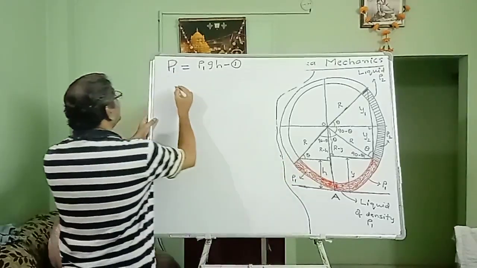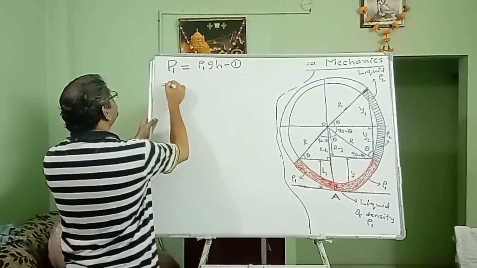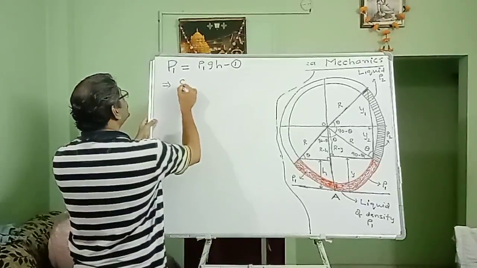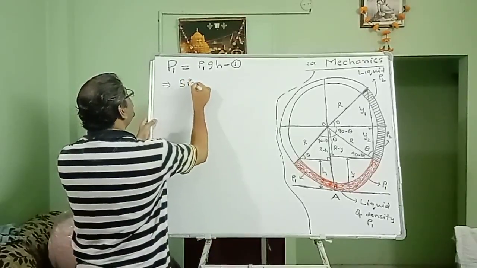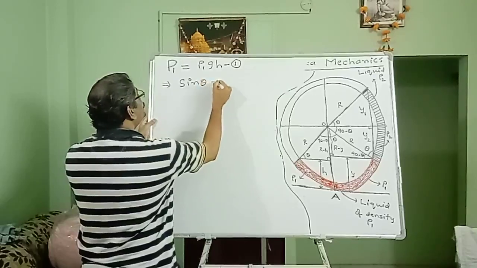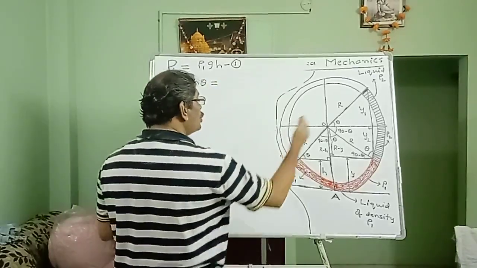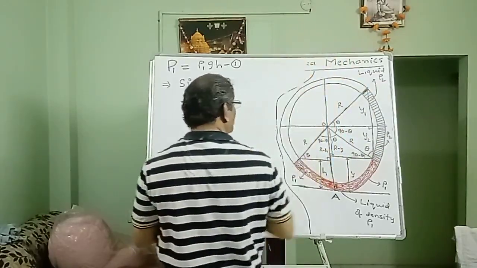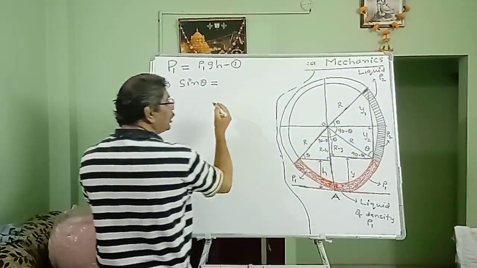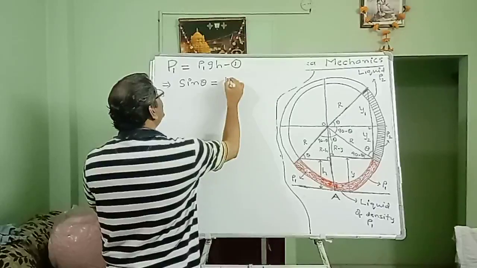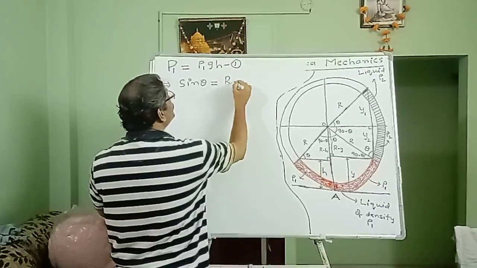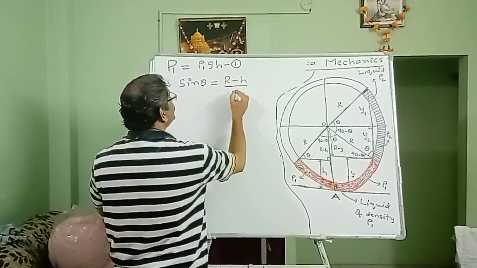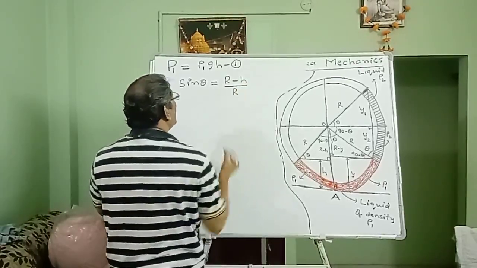From that triangle, now I can say sine theta will be numerically equal to opposite divided by hypotenuse. So sine theta will be numerically equal to r minus h divided by r.